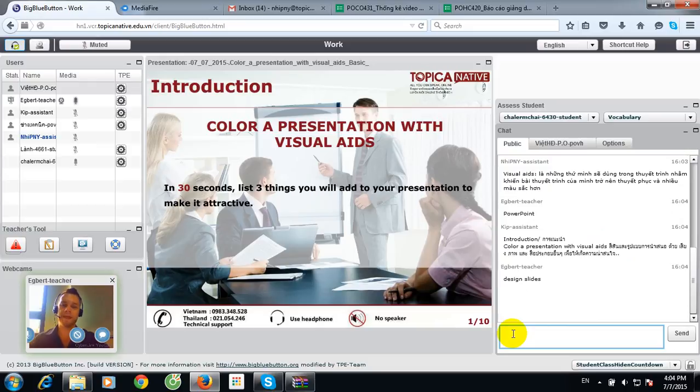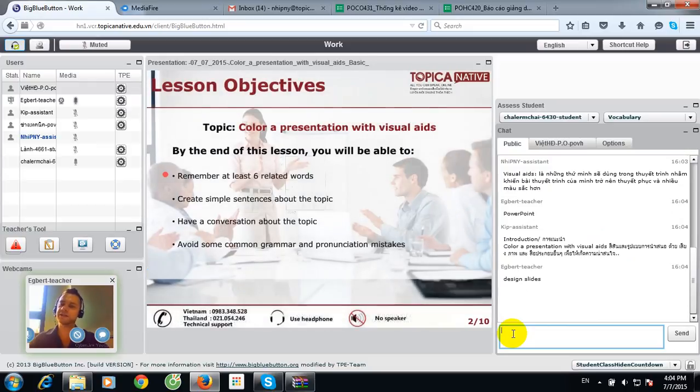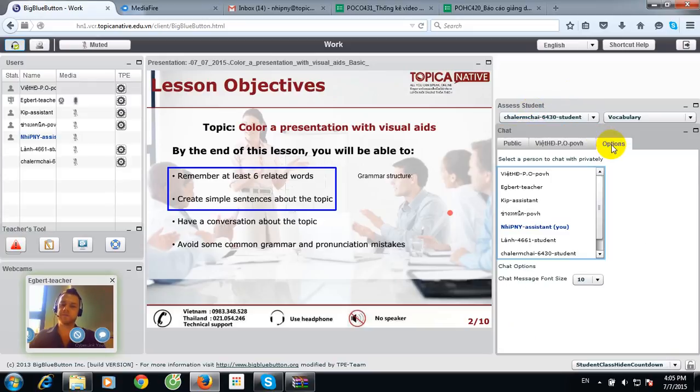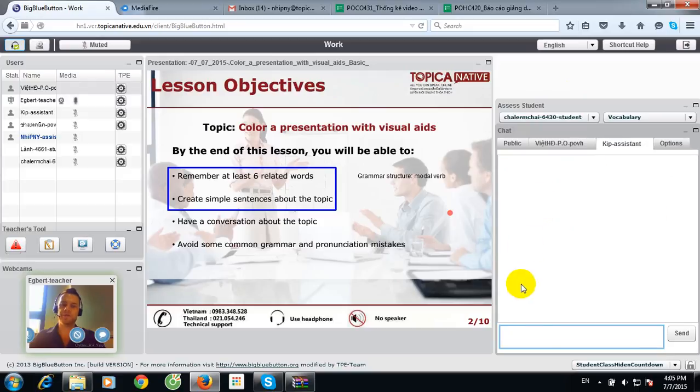Very good, students. So for today, we will practice our vocabulary. We have 6 words, and I will ask you to read a definition, match it with its correct word, and make a sentence using that word. After the vocabulary, we go to a grammar structure. And for today, we're going to use the modal verb need to plus the verb in the infinitive.